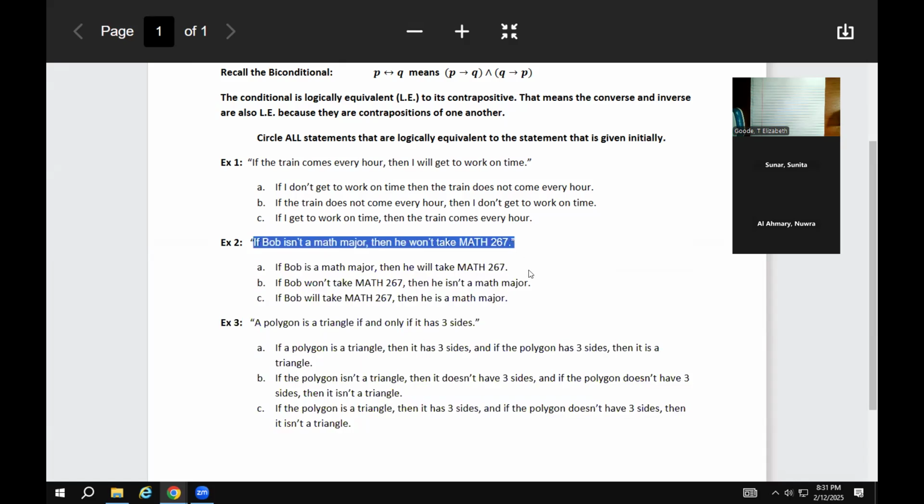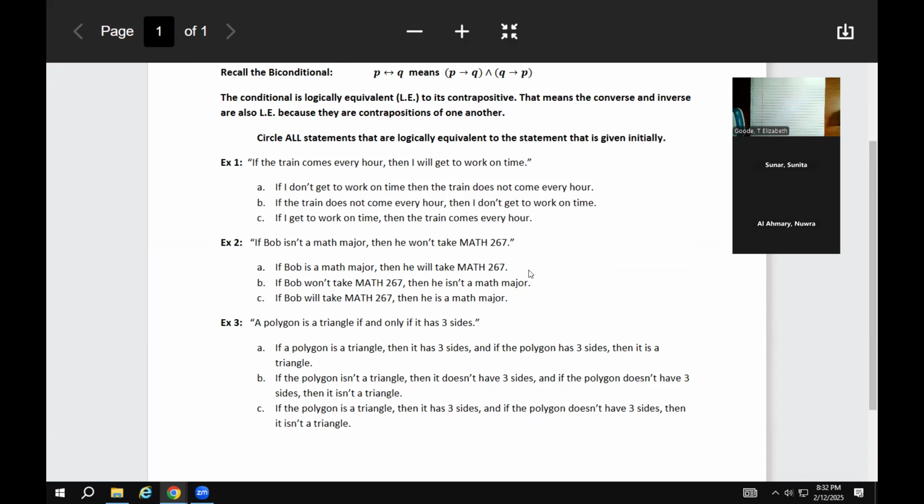We always compare with whatever the original statement is. Even if it's got some nots in it, it still is an implication, so it still has a converse, inverse and contrapositive.